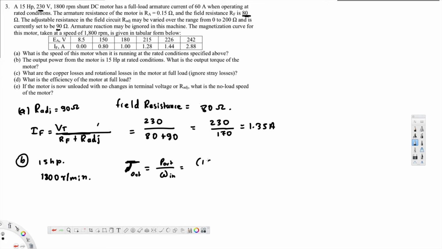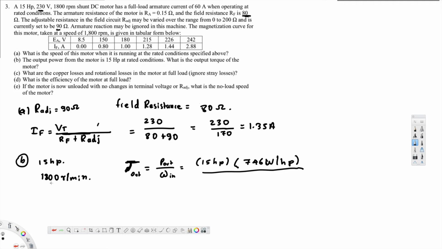Now P out is 15 horsepower multiplied by 746 watts per horsepower, divided by omega.